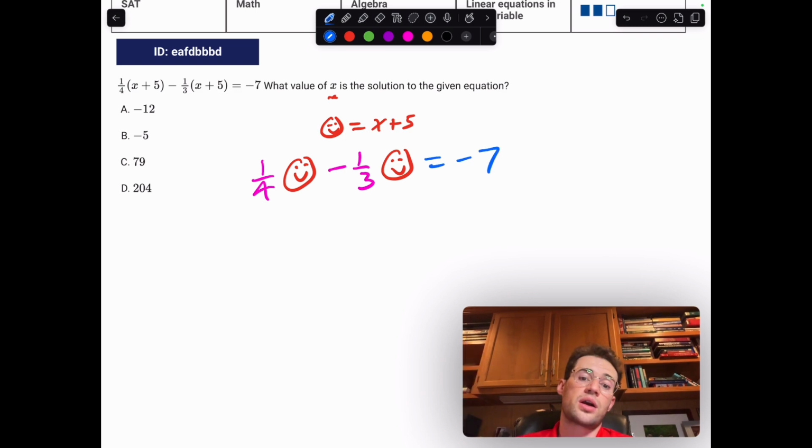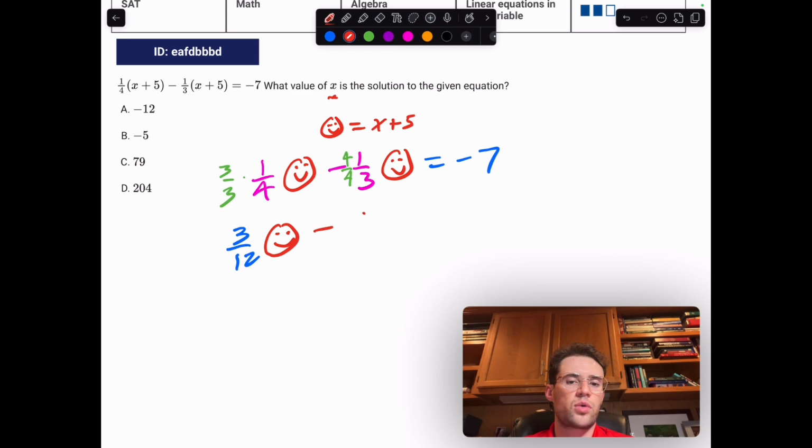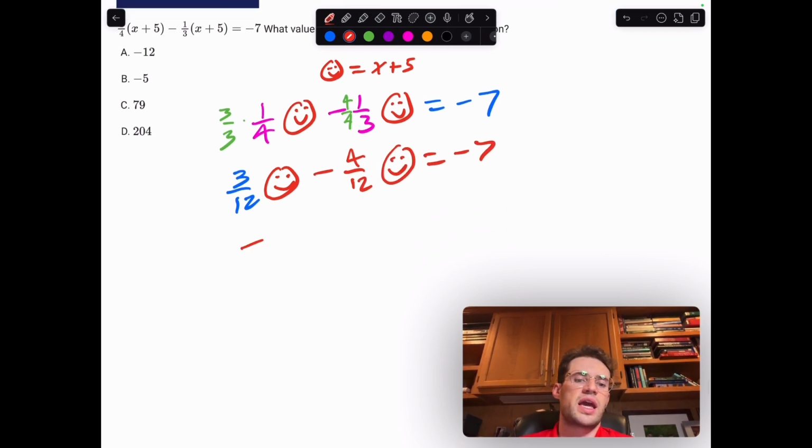All right, now from here, there's two ways you could do it. You could find a common denominator so you can combine these two. You could do that by multiplying the first one by 3/3, and the second one by 4/4, and that would give you 3/12 smiley face minus 4/12 smiley face equals -7, which would mean -1/12 of a smiley face equals -7.